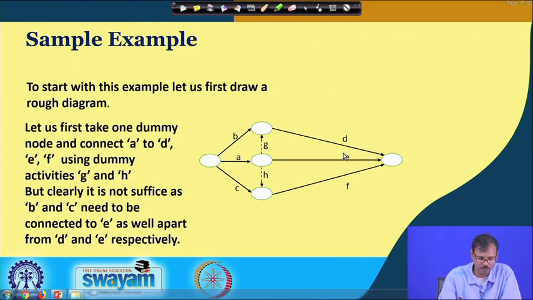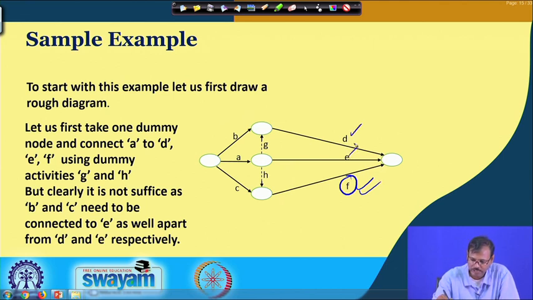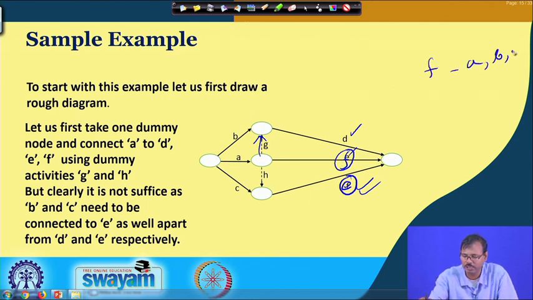So, actually E is having both B, C and A, all three are... F is having both A, B, C, all three are basically the predecessors of F. So, that is why for D and E it is able to satisfy, but for F it is unable to satisfy because the dummy job is unidirectional and it is basically showing instead of F which is having predecessors of A, B, C, it is showing F is having predecessors of A only.